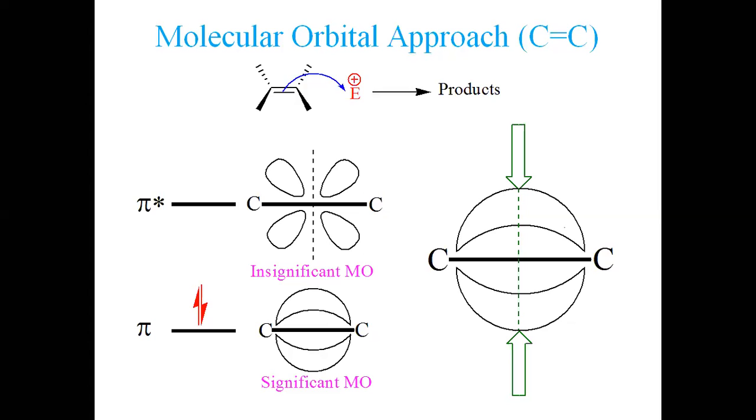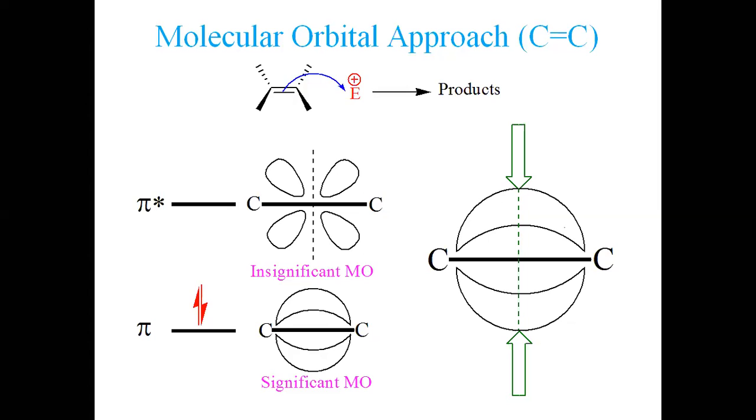This is the formula to calculate the bond order. So here, 0 electrons in bonding, 0 in anti-bonding, 0 minus 0 by 2, answer 0. So if the electrophile approaches pi star, it shall be an insignificant molecular orbital, because it shall lead to a 0 bond order.